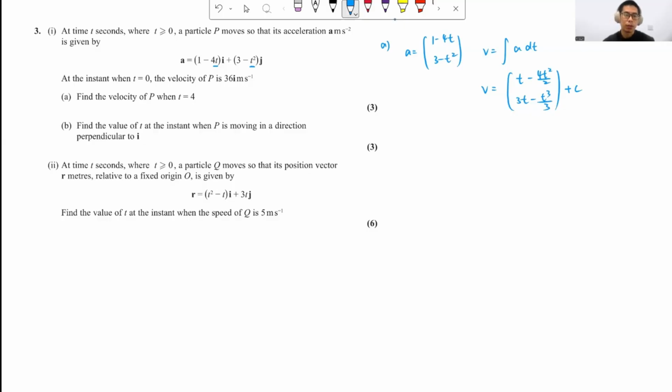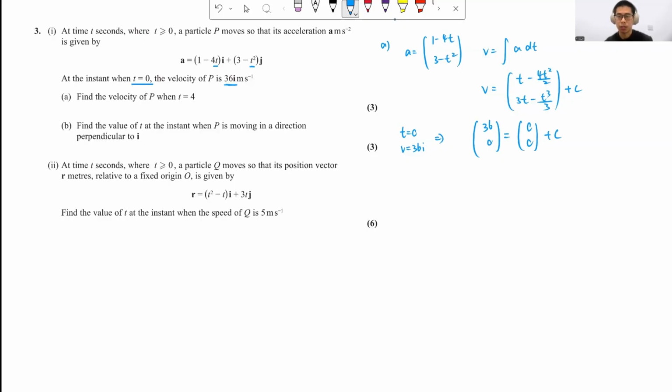And then we can use the condition that when t equals 0, the velocity equals 36i. So if t equals 0, v is equal to (36, 0), then we will have (36, 0) equals 0, since anything times 0 is 0, so just (0, 0), and then plus c.